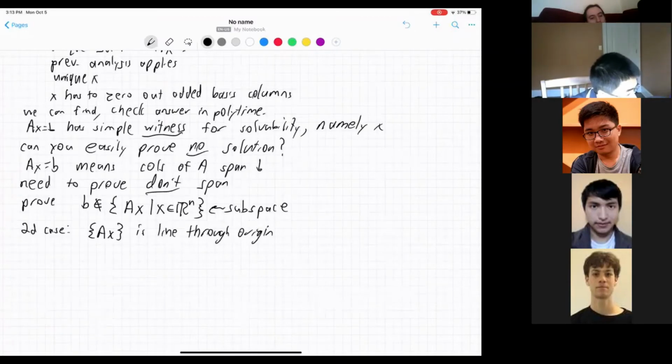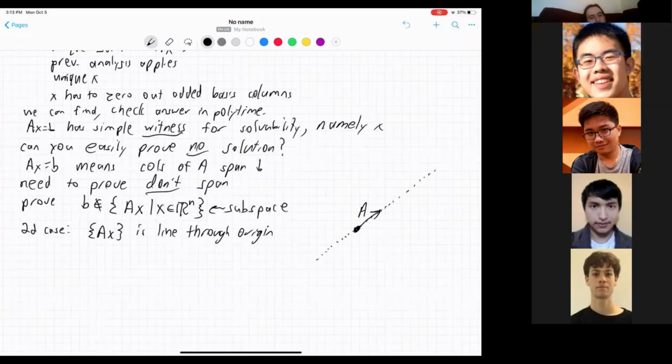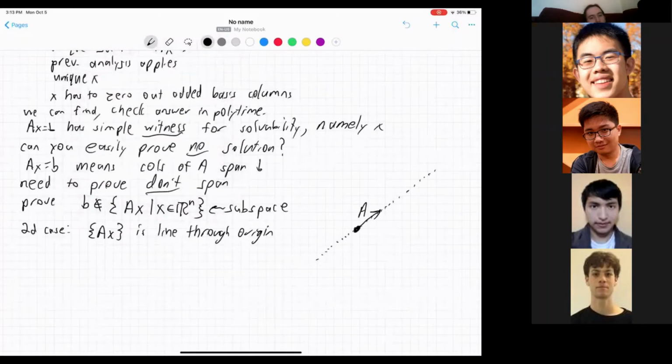I have a single column A, and the set of points that are spanned by A is simply a line through the origin. Now I'm considering some point B, and I want to prove that B is not spanned by A. So what does it mean that B is not spanned by A?